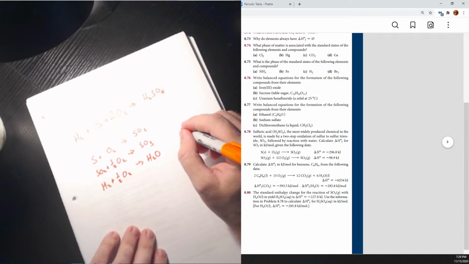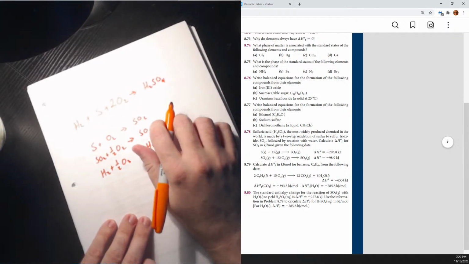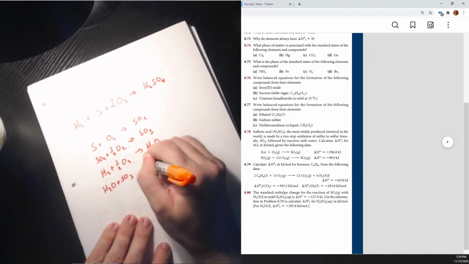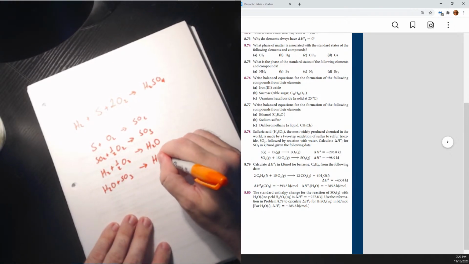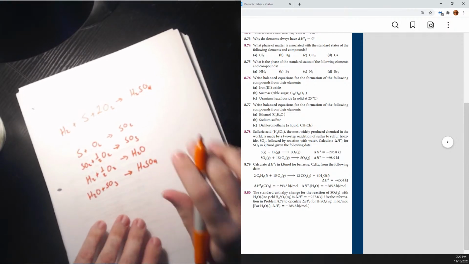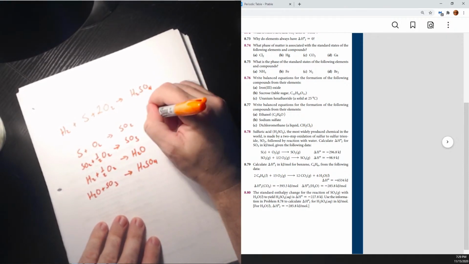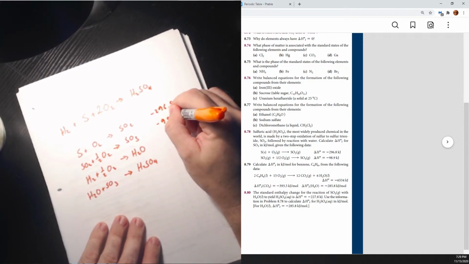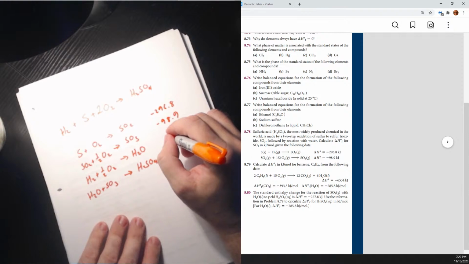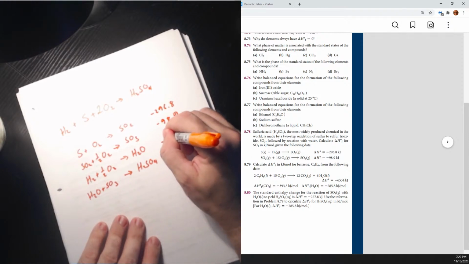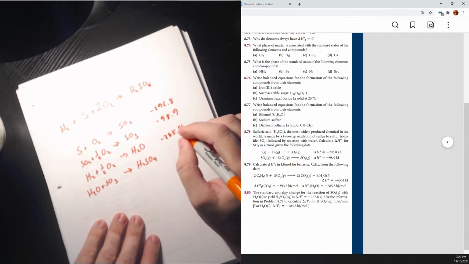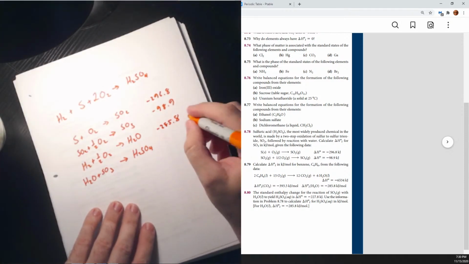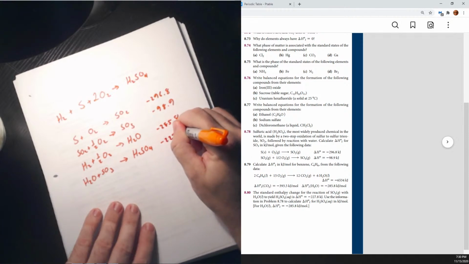Oh, and also H2O plus SO3 yields H2SO4. So I have all of these numbers. So let's see, negative 296.8, negative 98.9. Delta H of formation for liquid water is negative 285.8. And for H2O plus SO3 makes H2SO4, it is negative 227.8.